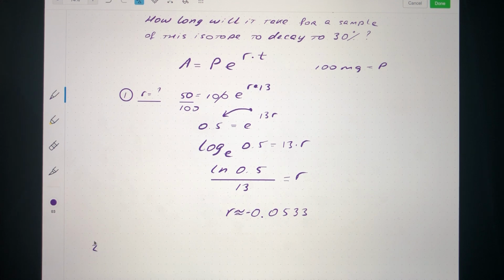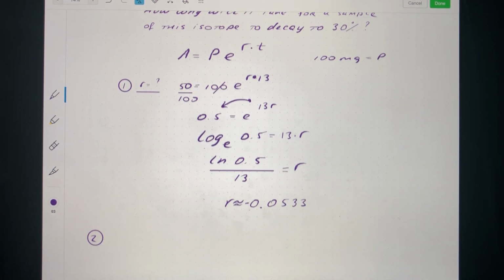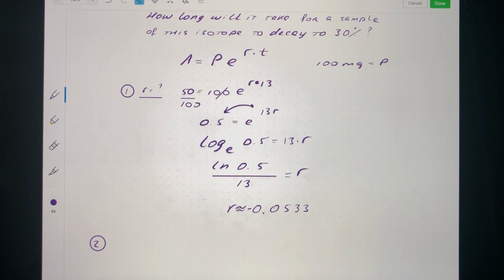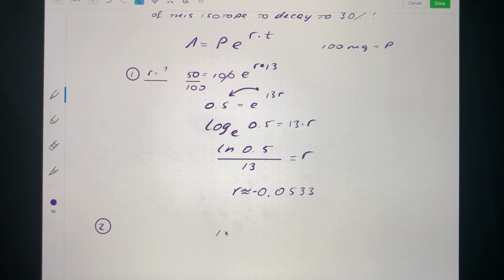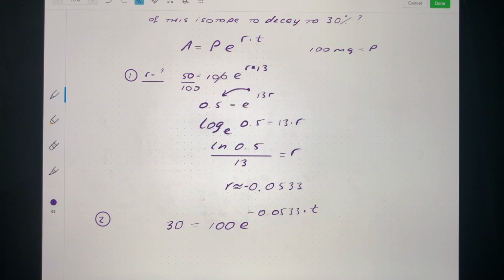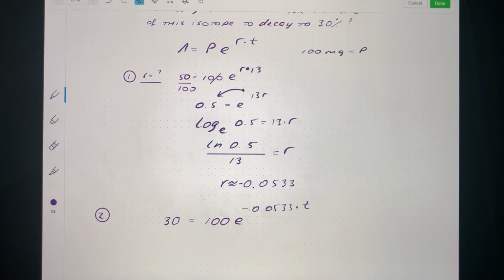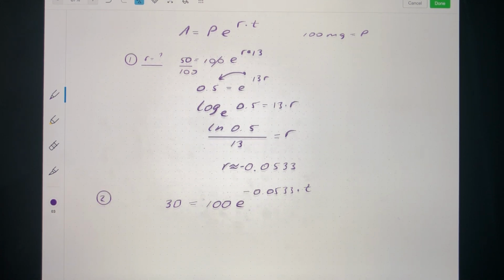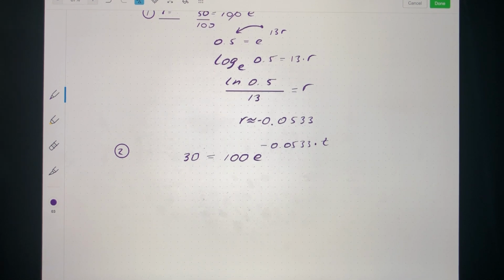Step 2. Now that we know the growth rate, we answer the question. How long does it take to get to 30%? Well, if we start off with 100, and we now know the rate, the only thing left is time. 30% of 100 is 30. So once again, the same setup. The unknown happens to be in the exponent, and so to get to it, we use logarithms.